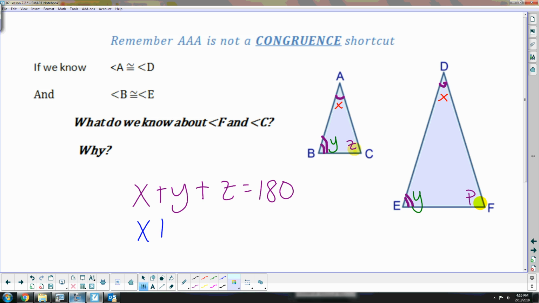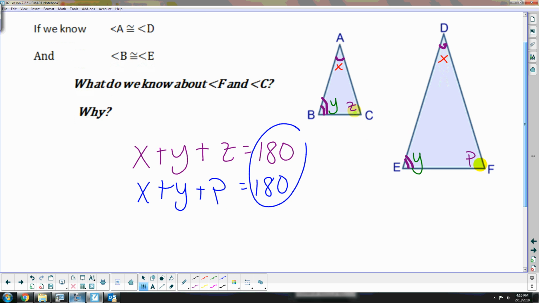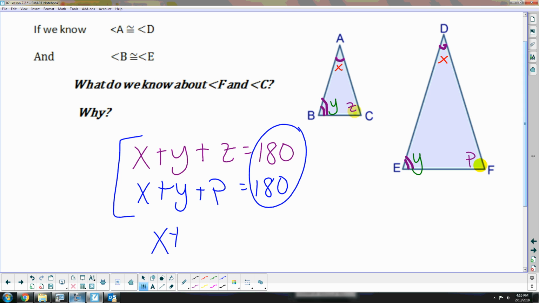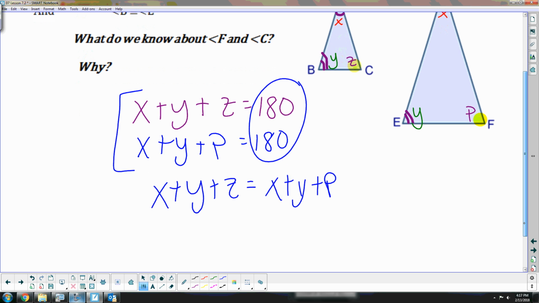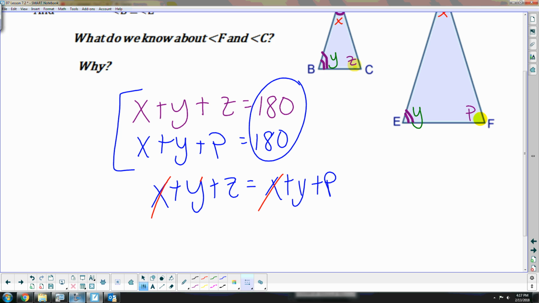And X plus Y plus P also has to equal 180 degrees. So if these two are equal, then these two expressions are equal. So X plus Y plus Z equals X plus Y plus P. If we subtract X from both sides, and subtract Y from both sides, that tells us that Z has to equal P.